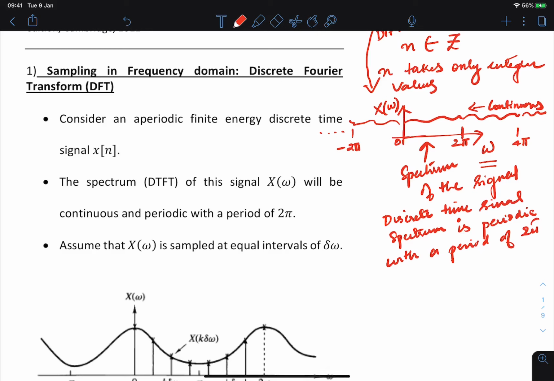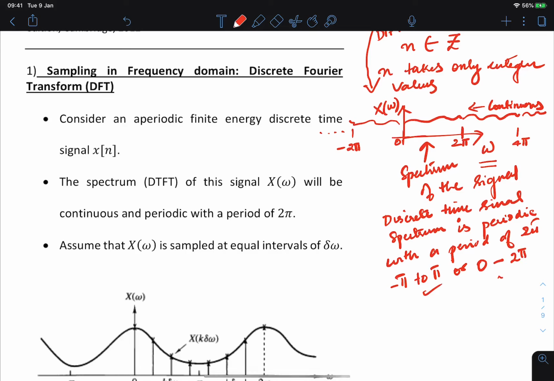So from now onwards, for the full DSP course, you need to only bother about the range of 2 pi. Either you can take the spectrum in the range of usually minus pi to pi, or you can just worry about the frequency content in the range of 0 to 2 pi.